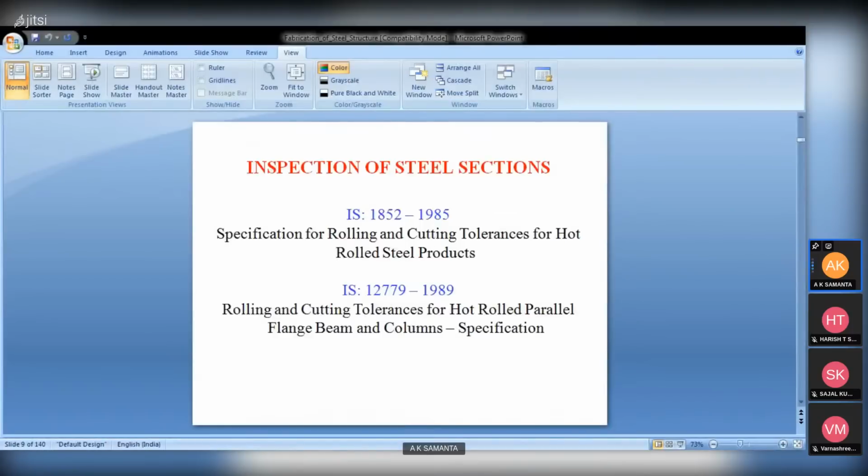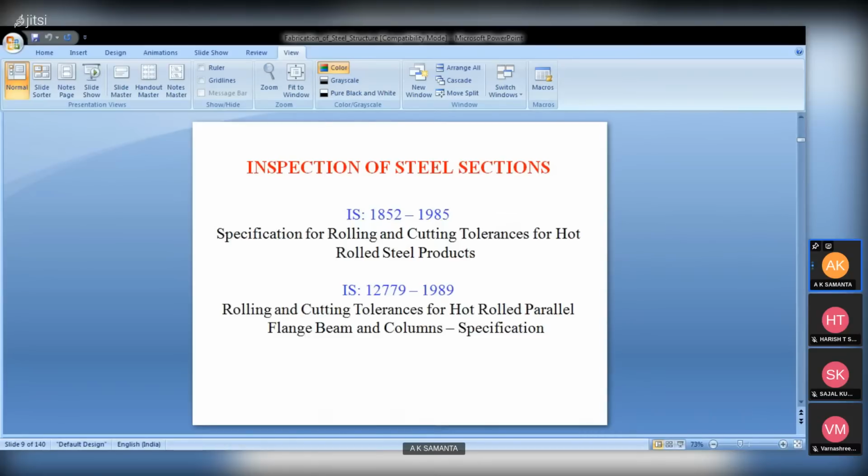Now, when we go for the visual inspection, all the steel sections have some dimensional tolerances. So I have to check first whether the steel is as per the dimension or not. As I have told, dimensions are mentioned in IS 808 or 1161 or 4923.